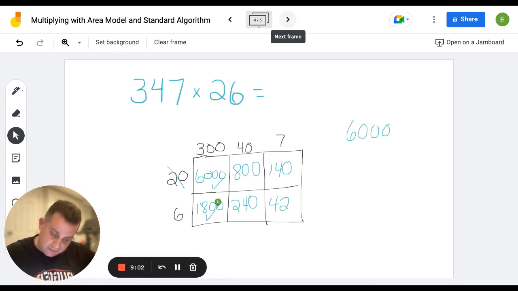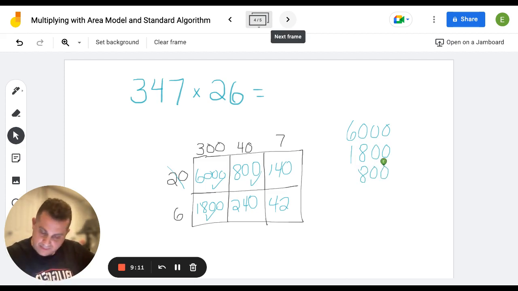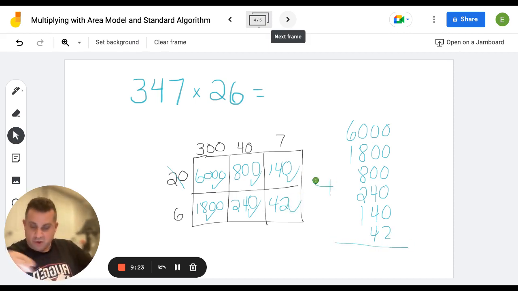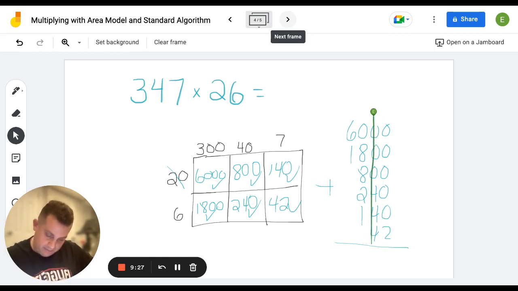Now down here, 1,800, 240, 140, and 42. As long as you're lining all your place values up neatly, the addition here should not be too difficult.